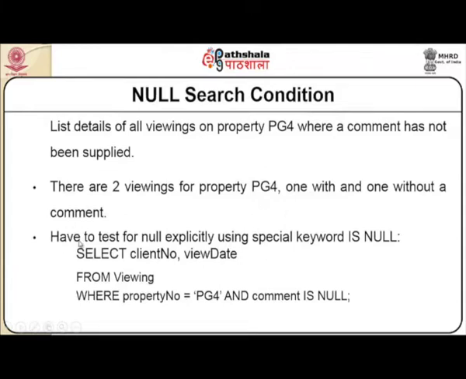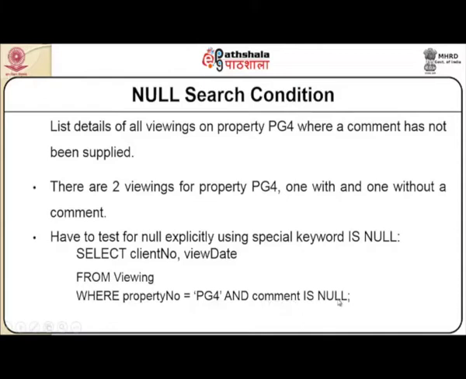We may have to test for null explicitly using the special keyword IS NULL. So we introduce another keyword, which is called IS NULL. How is this to be introduced? Select client number and view date from the viewing table where the property number is equal to PG4 and comment is null.